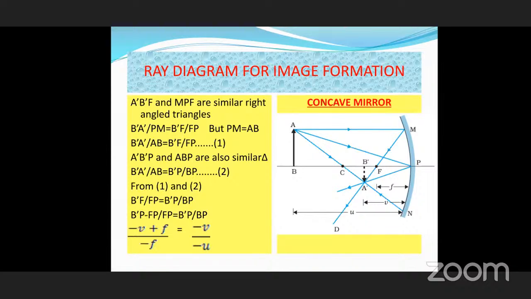Comparing the height A dash B dash and the height of this triangle, the base PM: here the height of the big triangle MPF is PM. B dash A dash by PM is equal to B dash F. First we have taken the height ratio, and the base ratio we are writing as B dash F by FP.